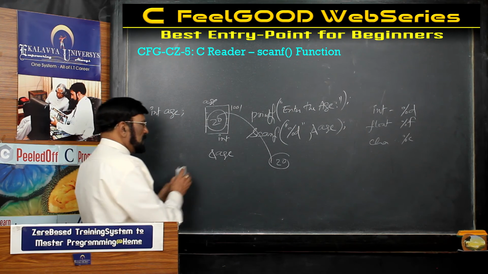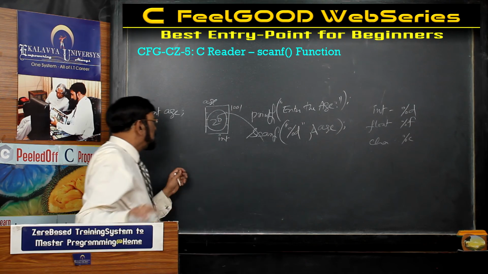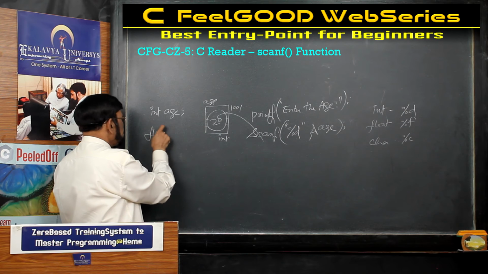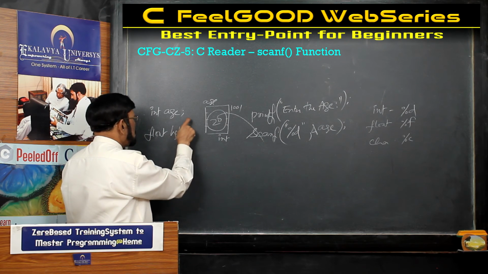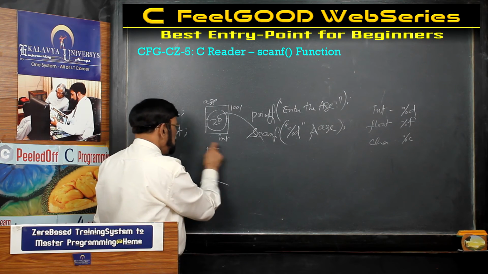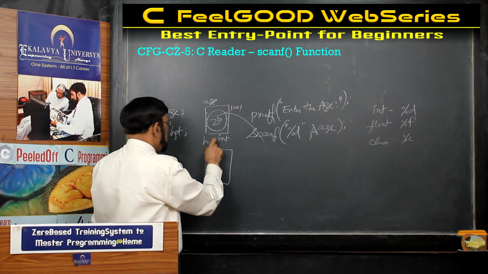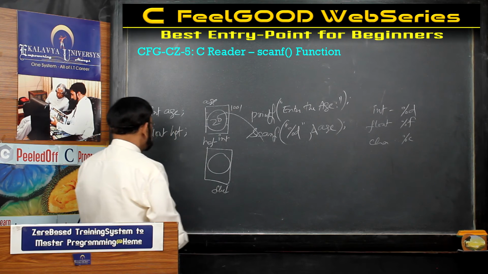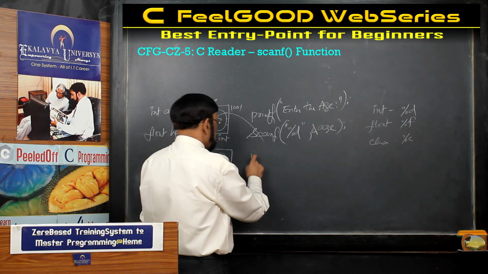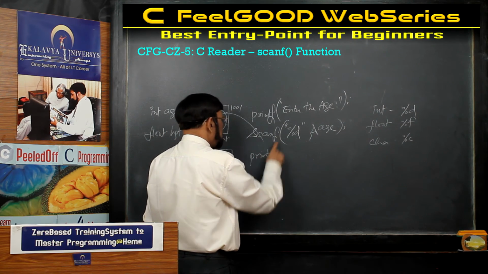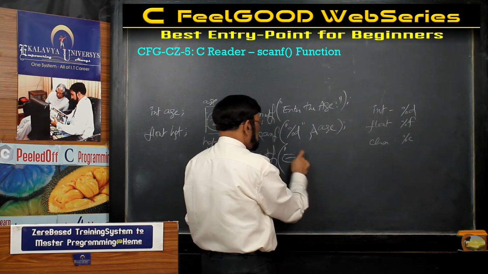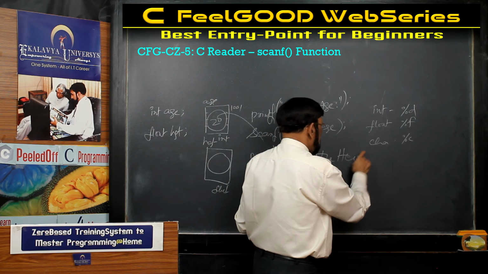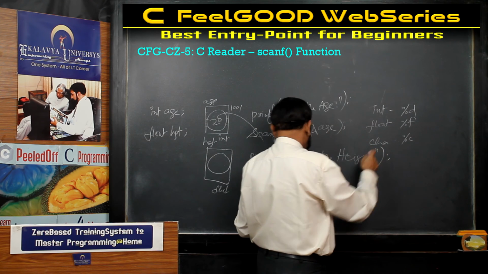One more example. I won't give an explanation; by this you can understand. Now float height. As a result, the space is created. Then you have to write a printf prompt statement: Enter the height. This is the prompt statement.